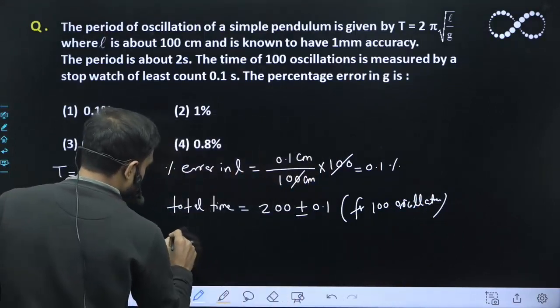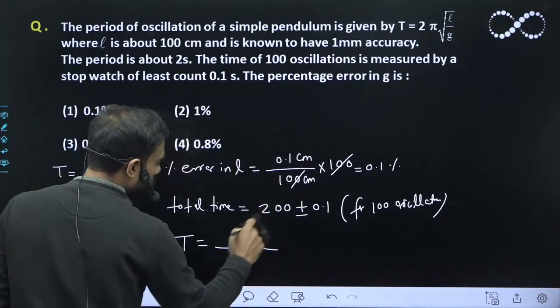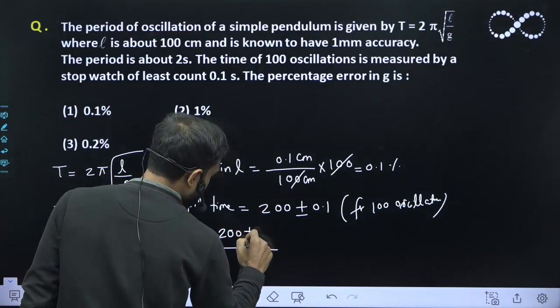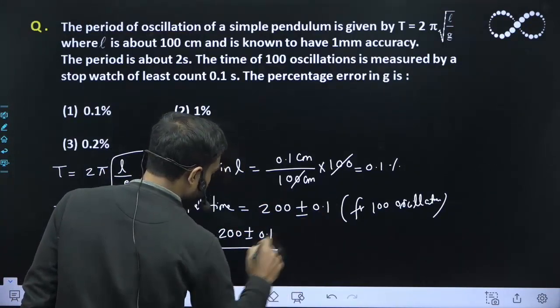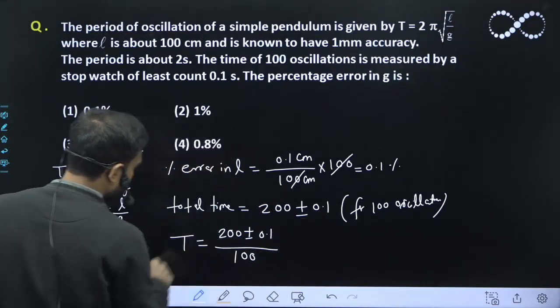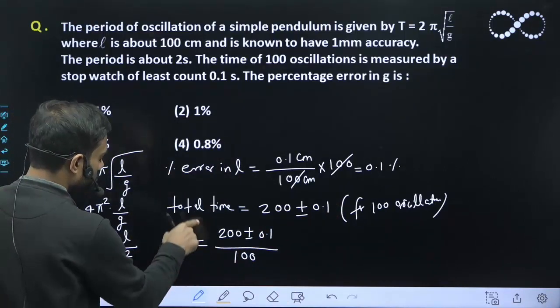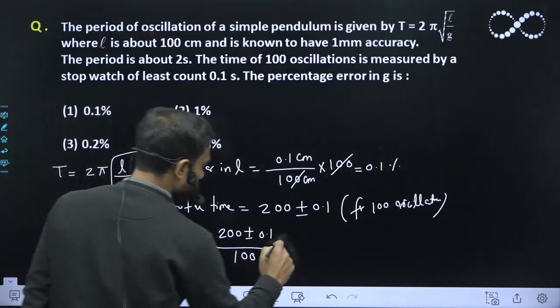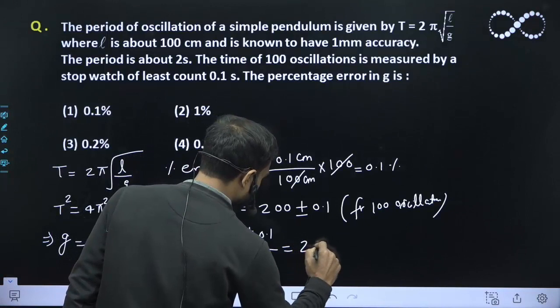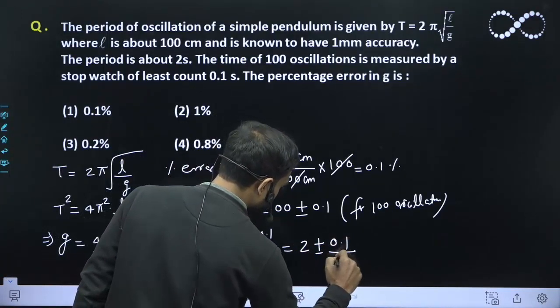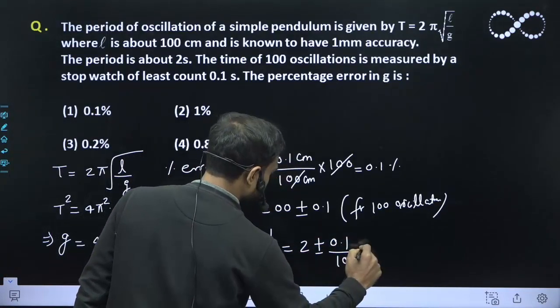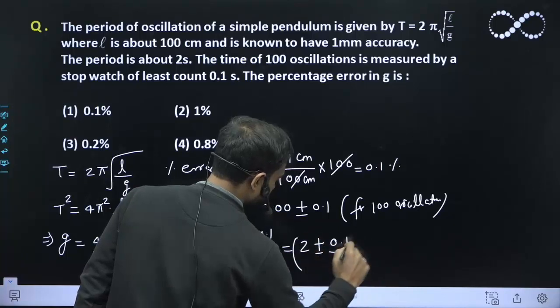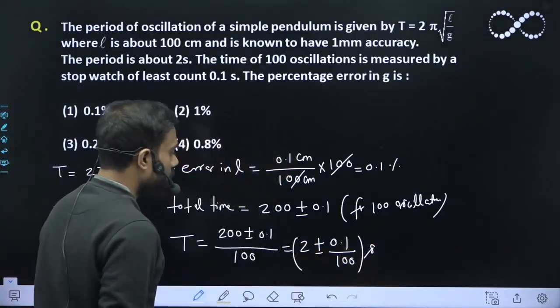The capital T is equal to the total time, 200 plus minus 0.1, divided by 100. That will give you the time period for one oscillation, and that is equal to 2 plus minus 0.1 upon 100 second. So the error is this.